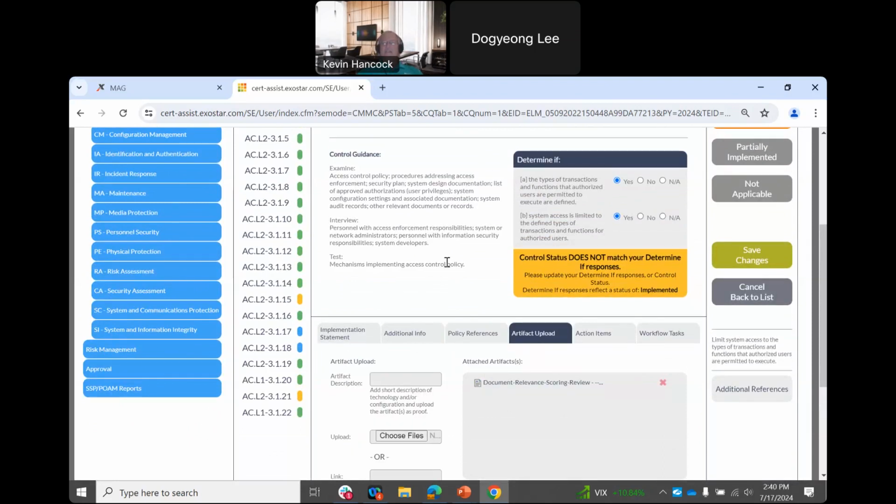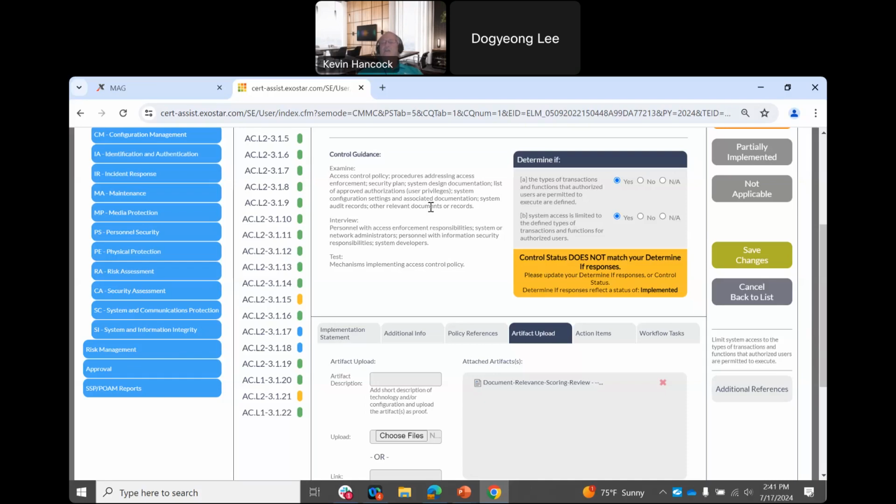So this artifact upload is where I would either link to, like, the configuration file of my system that is limiting access. I might link to a directory of who has access, physical access, to the file cabinet where we're maintaining CUI. So again, I want to keep all of that information together, so I'm going to link those things here. So when that assessor comes in, we're basically going to walk through this, and I'm going to show them my policy, my procedure, my evidence.